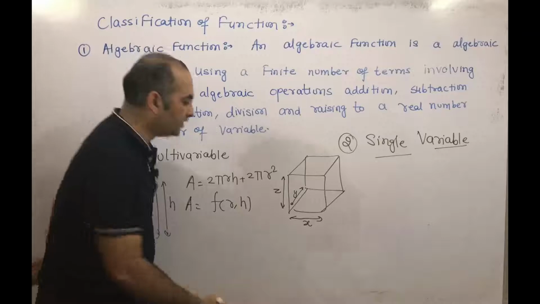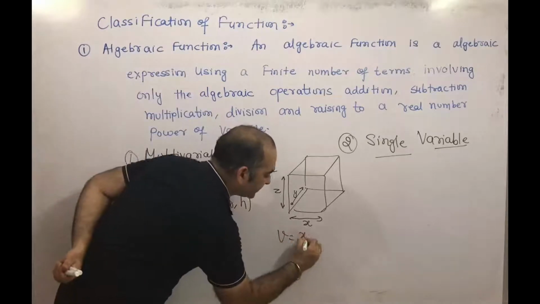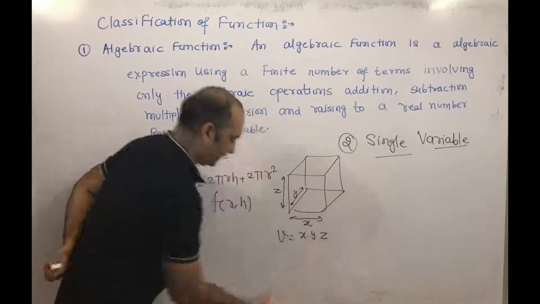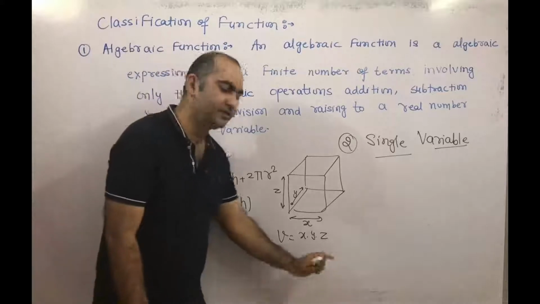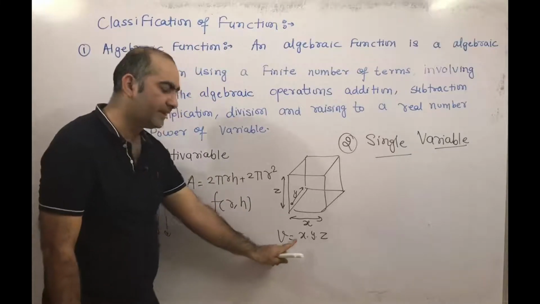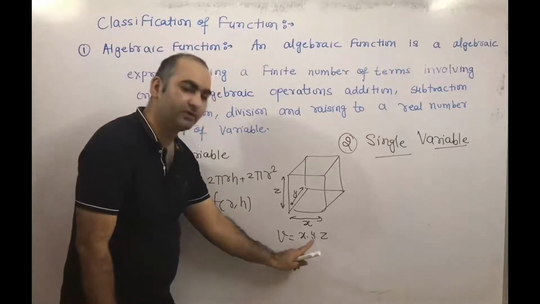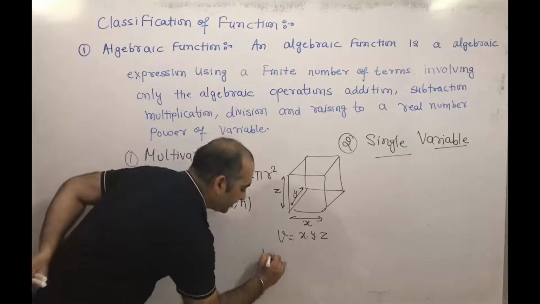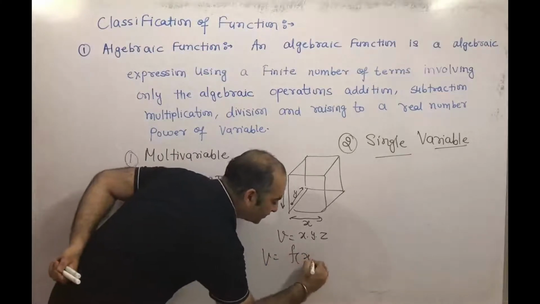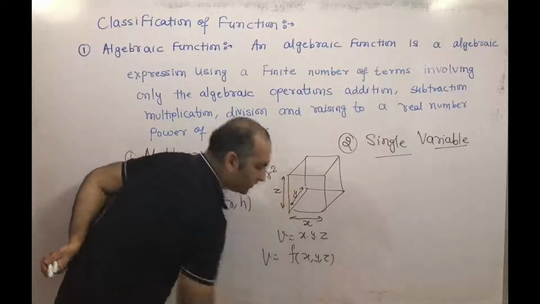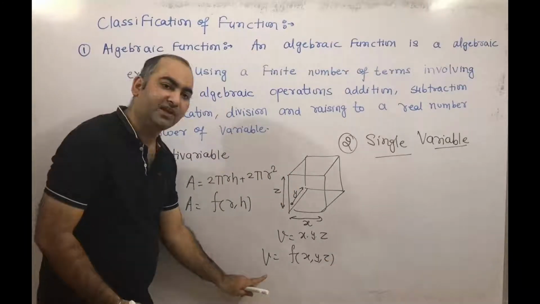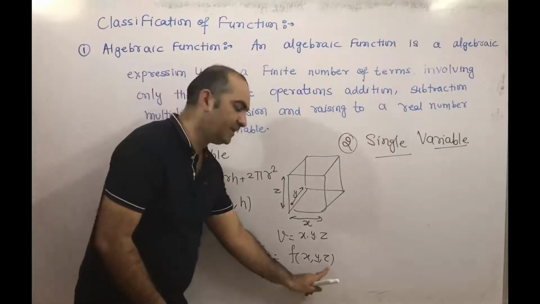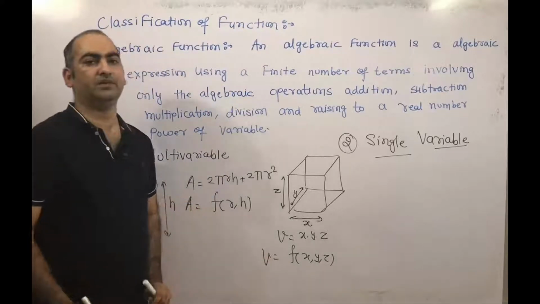Volume is X into Y into Z. So we can say volume depends on X as well as Y as well as Z. We can write this function as V equals f of x comma y comma z. That means volume is a multivariable function in terms of x, y and z. So this is called a multivariable function.